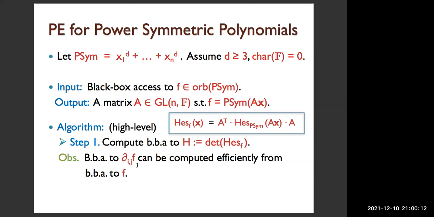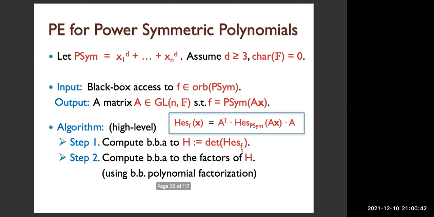And once you get black box access to these coefficients, getting black box access to the derivative is not an issue. You just have to multiply the coefficients with appropriate powers of X and scale them. What this means is, given black box access to F, I can get black box access to any constant order derivative of F. But going beyond constant order is not allowed. Fortunately, the Hessian involves only constant order derivatives, so we can compute the Hessian matrix as a black box, and from it also compute its determinant as a black box, because the determinant is easy to compute.